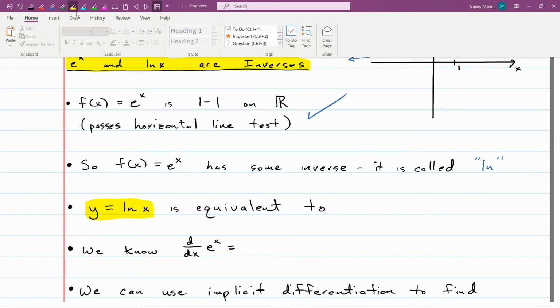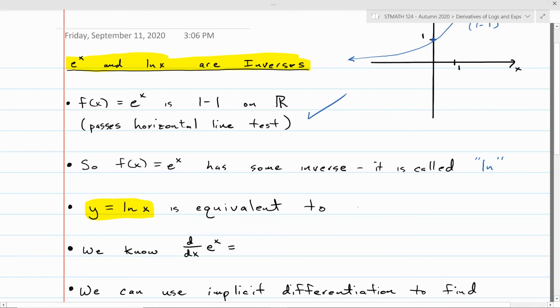Its inverse has to take as input y and give output x. So that is equivalent to e to the y equals x, because the exponential function does exactly the opposite. So these two equations are equivalent to each other.